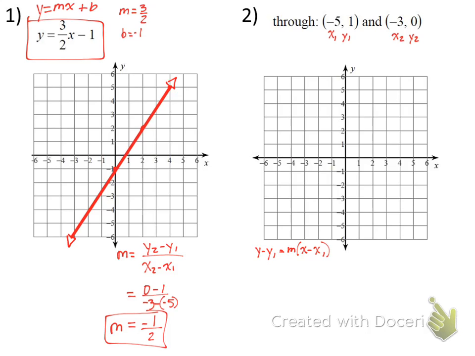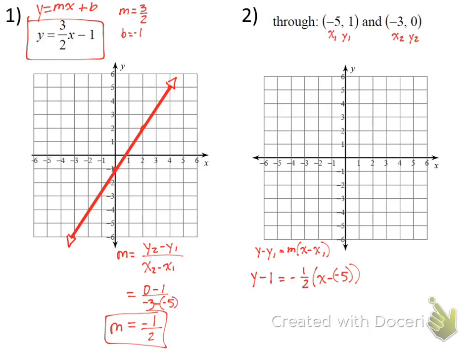So we know our slope now. Now we plug it back into our point-slope form. So instead of m, I'm going to plug in -1/2. So we write y minus y1, which is 1, is equal to -1/2 times x minus x1, which is -5.